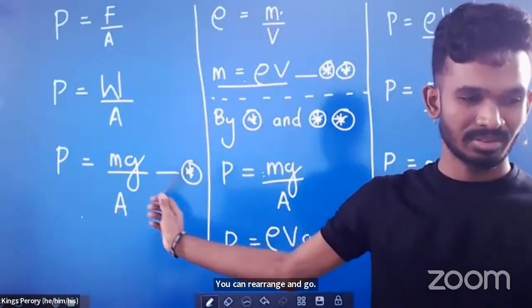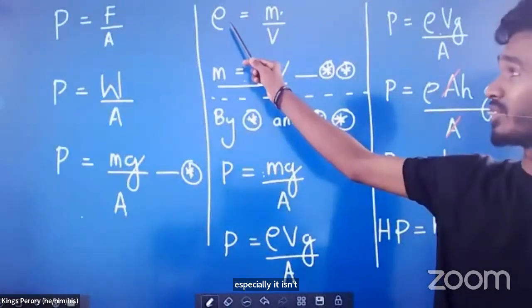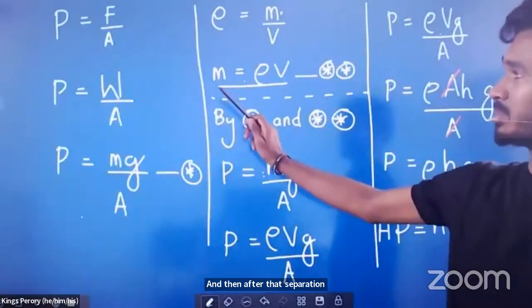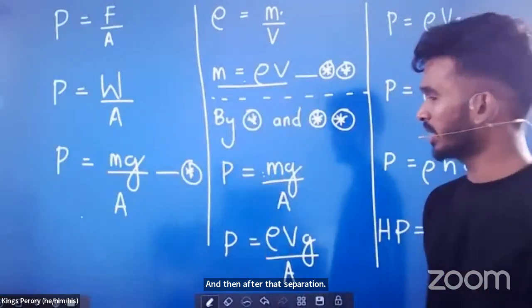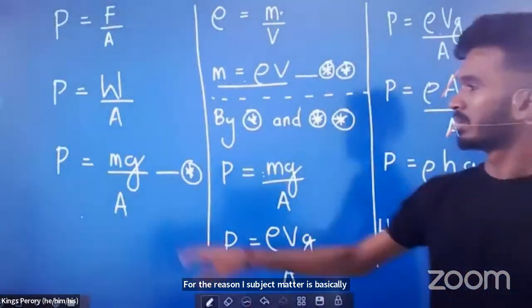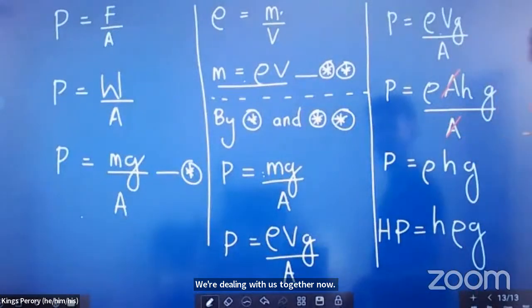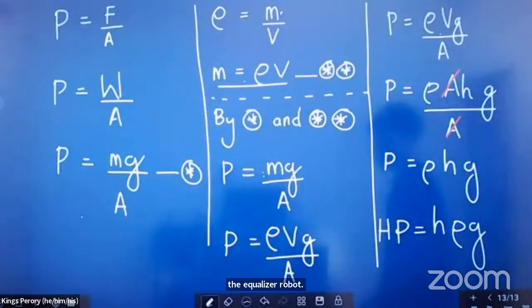Weight is mg. First equation. Then a separate equation, density equals mass over volume. For a reason I make mass the subject. Mass is density times volume. Putting both of them together, P equal mg over A. m is rho V. Rho V g over A. V is A h. A and A cancel out.